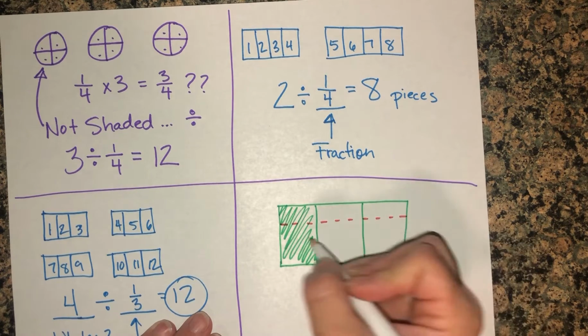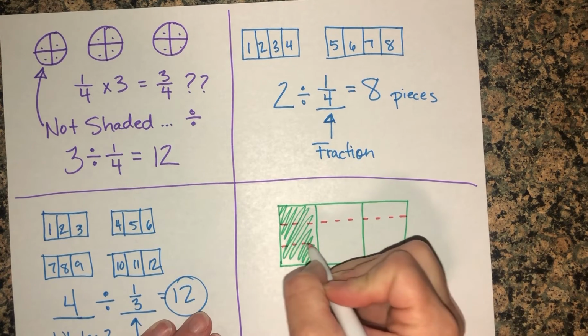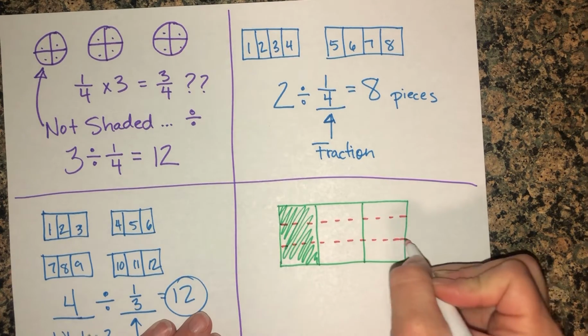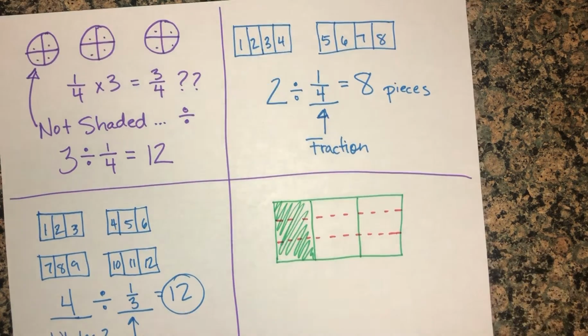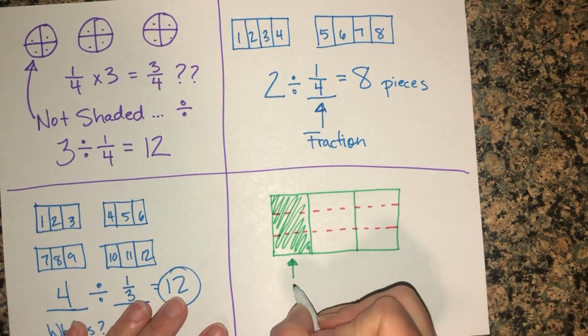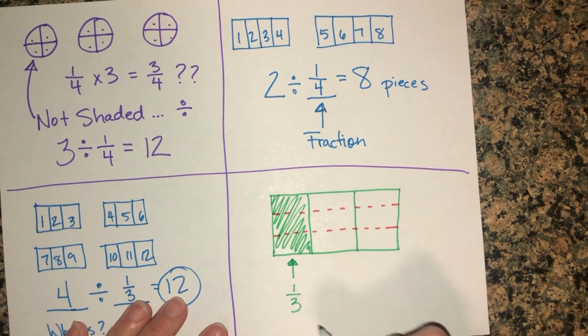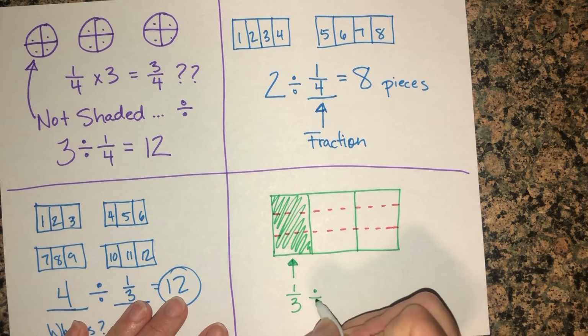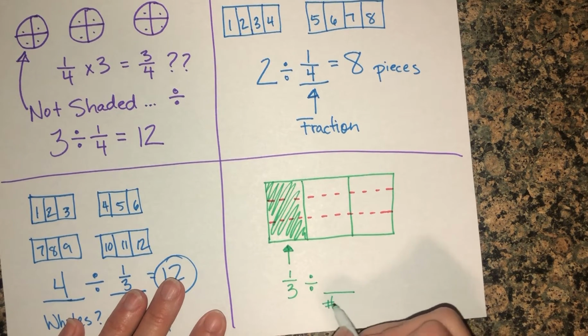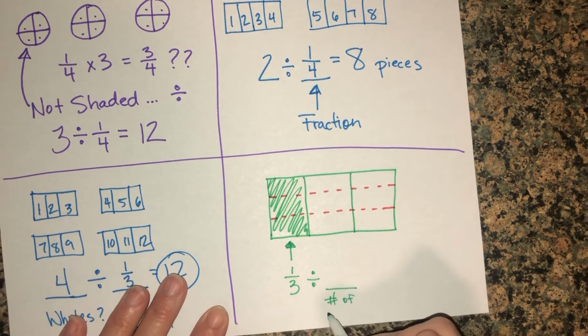And now I'm going to add some lines. Not all models have dashed lines, but I think it's logical to show the cuts with the dashes. So what you're starting with here is 1/3. What you're dividing it into is a number of pieces, and these are the hardest ones.